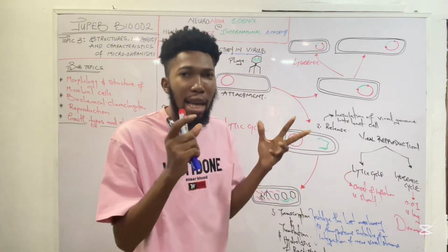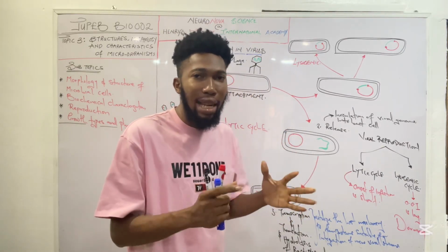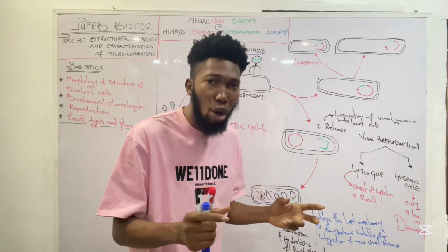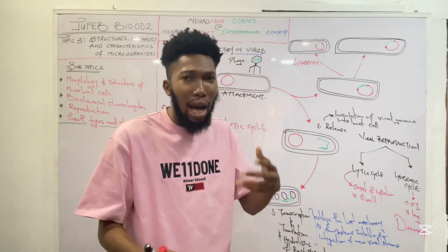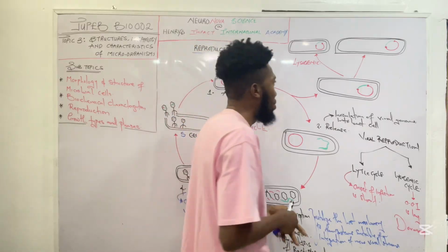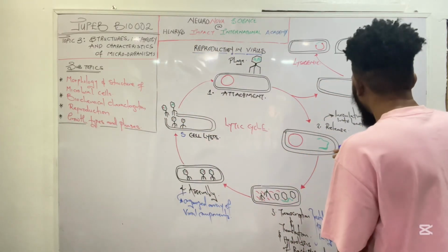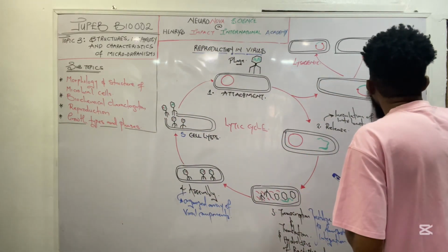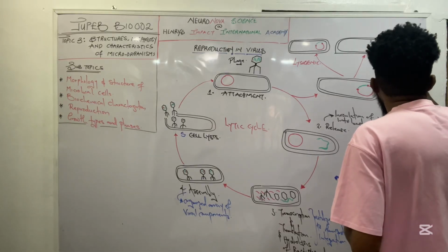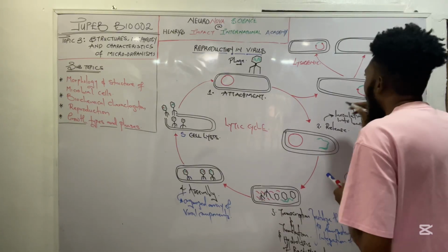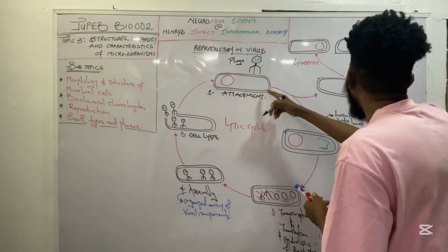What's a prophage? A genome or a genetic makeup formed by fusion of both the viral genome and the bacterial plasmids. So that's what you are having here. So this guy here is called a prophage. So you're having a prophage here. How is it formed? Viral genome released and incorporates.